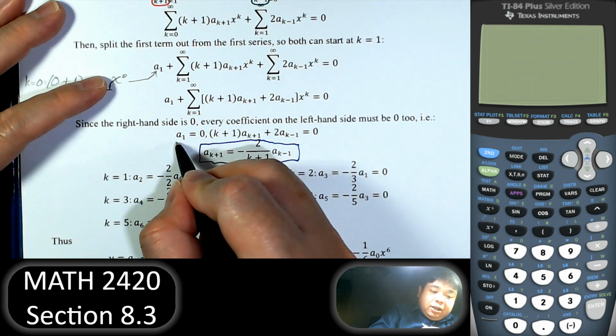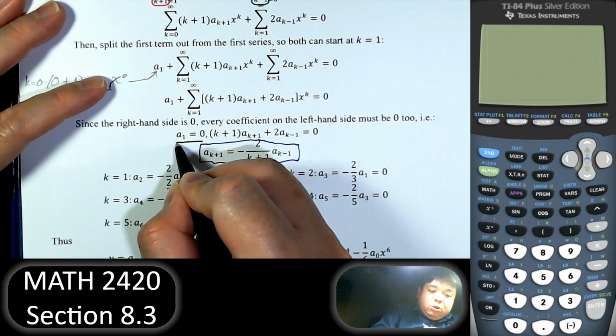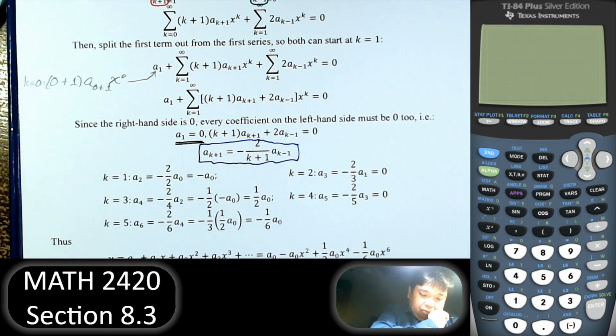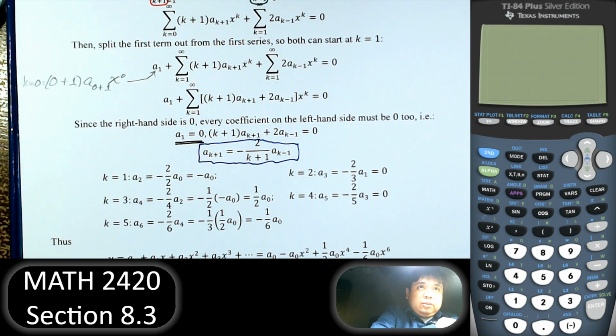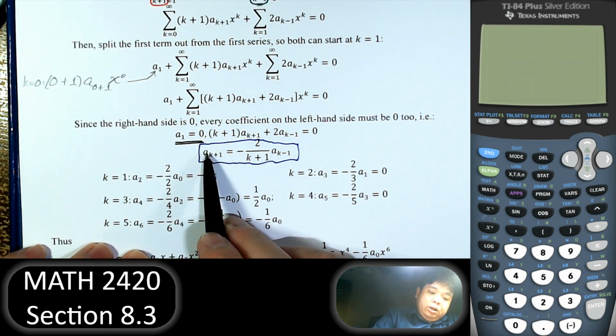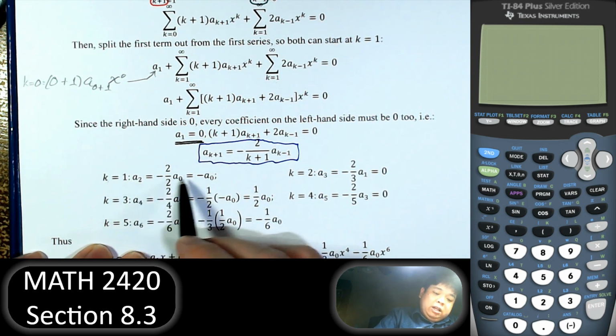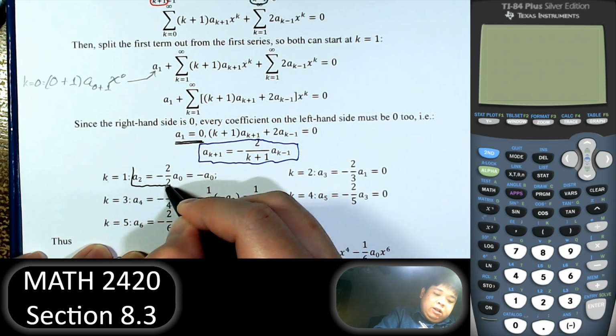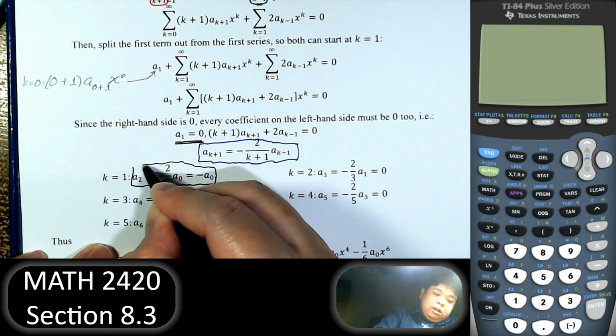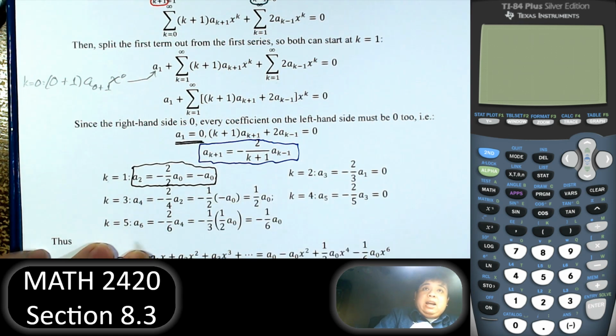We have the first a1 is equal to 0, right? If we want a2, we're going to put 1 in here to get a2, right? So k equal to 1, we have a2 is negative a naught.